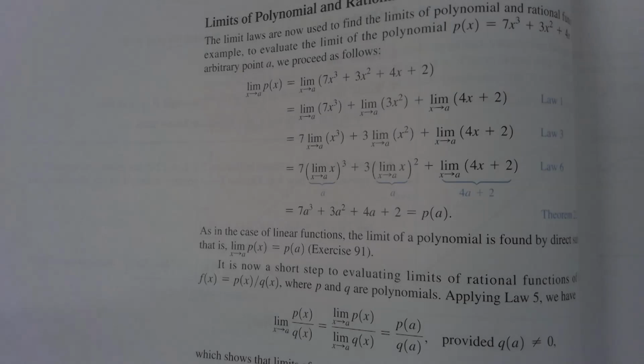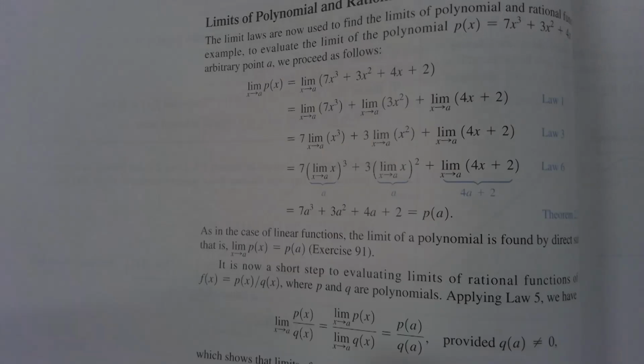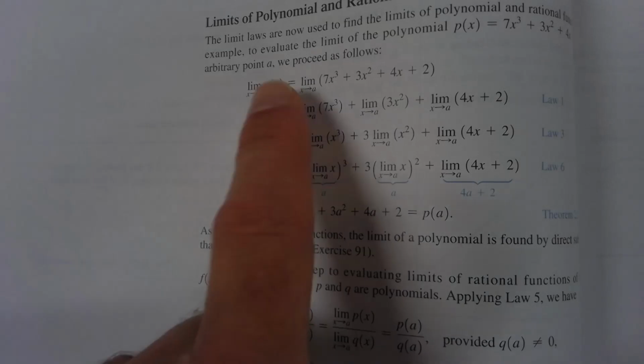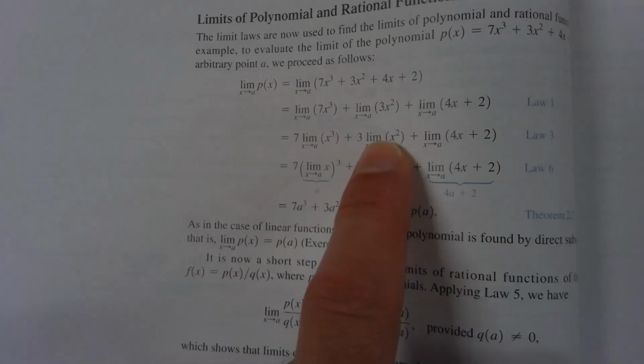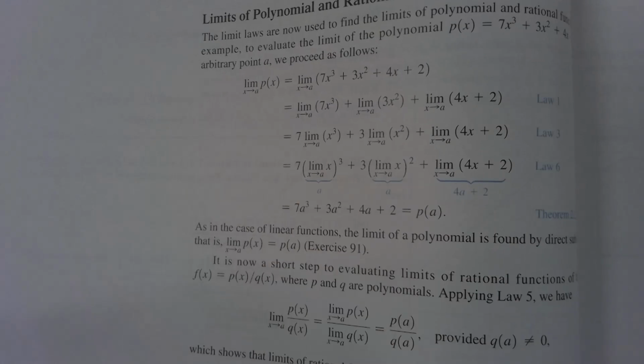So the whole point of us looking at this is that we're building mathematics. We're all happy with saying that a linear function is just direct substitution. And now we've shown that polynomials are just a bunch of linear functions thrown together. So the limit of a polynomial can be found by just direct substitution also.